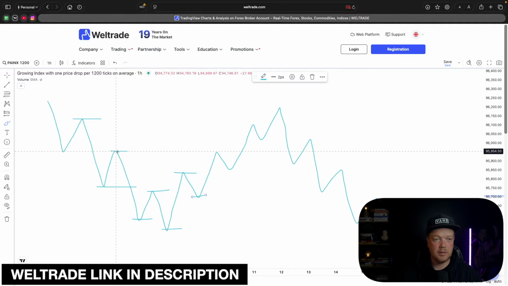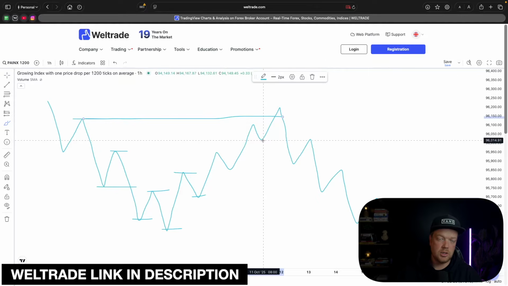So my highs need to be taken out on a Pain pair in order for me to start looking at a sell. So let's say, for example, this high is being taken out. As you can see right over here, price took out the liquidity. The reason why it's liquidity is because there are stop orders and buy orders right over here.